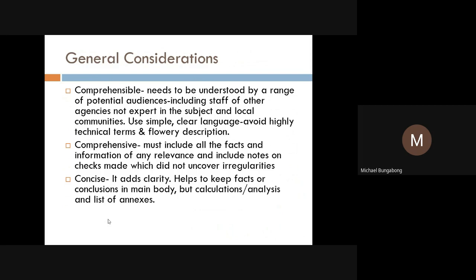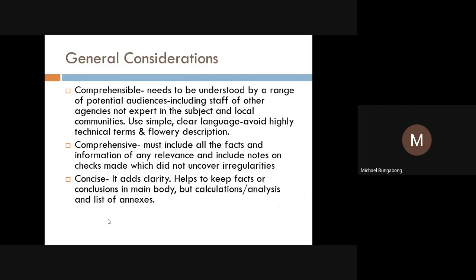So you have to use simple, clear language and avoid highly technical terms and flowery descriptions for them to be able to understand your field report clearly. The simpler and more concise it is, the easier it is for them to understand, because they will not see any hard words to challenge their understanding.